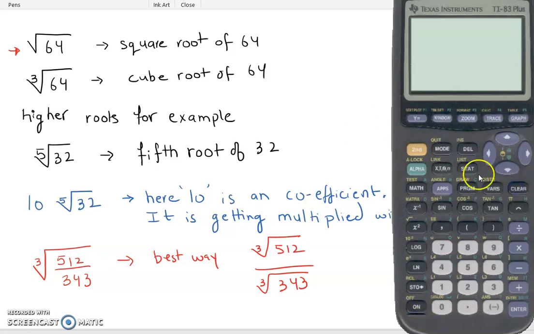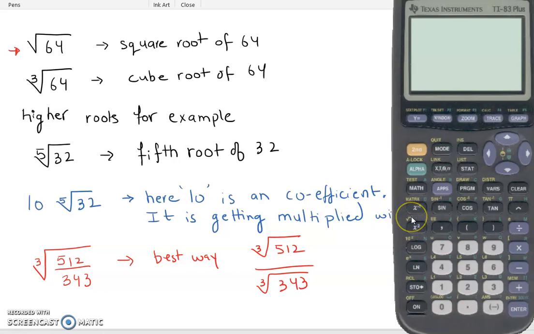I need to put this in, and where can you see this? Like I said, these two are the most common. You can find them as buttons on your calculator, and it is right here, the square root, but it's not a front button. It's a back imprint on the plastic part, in yellow.